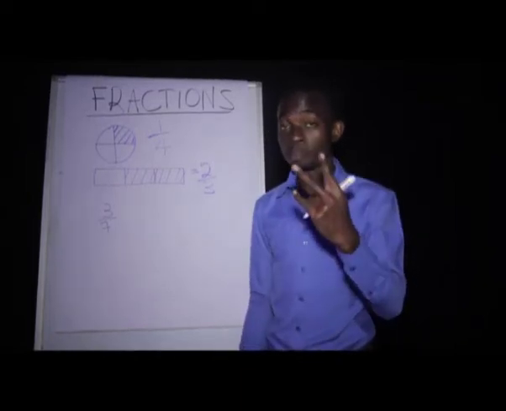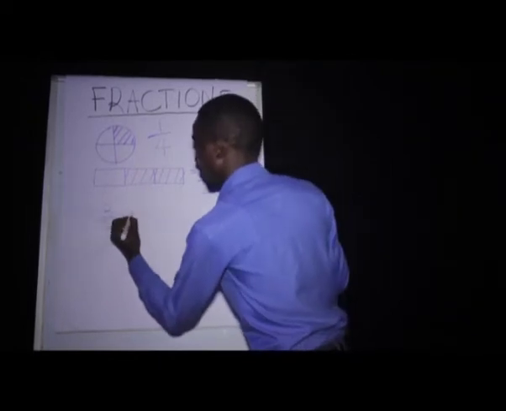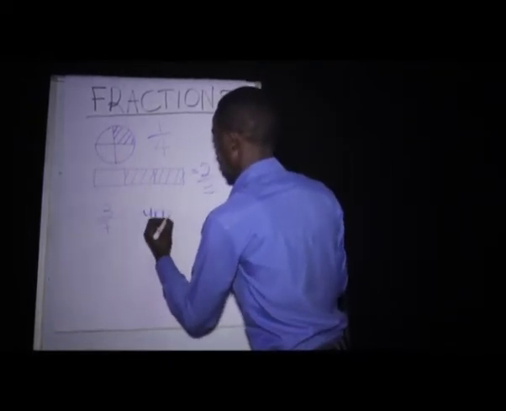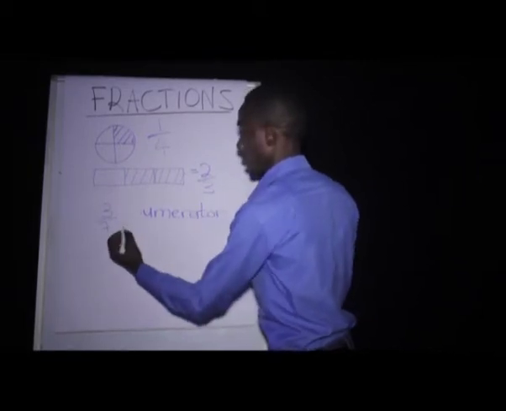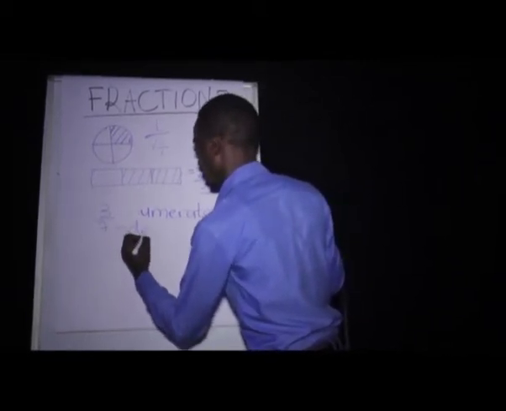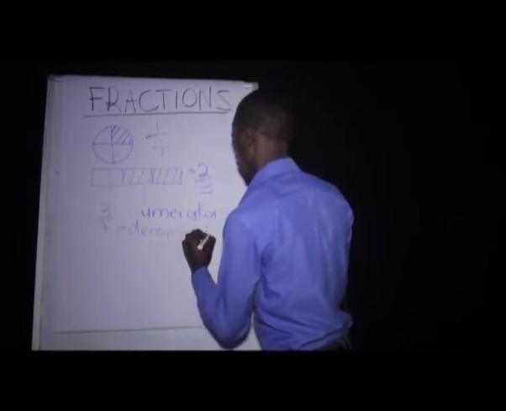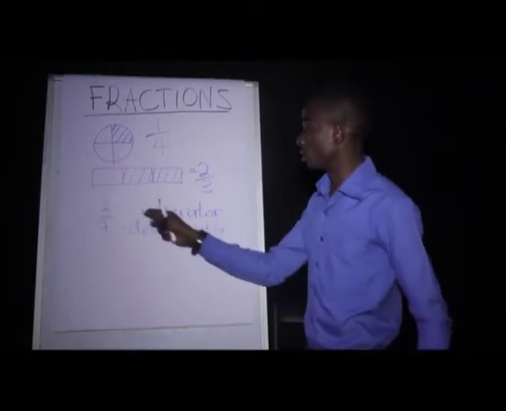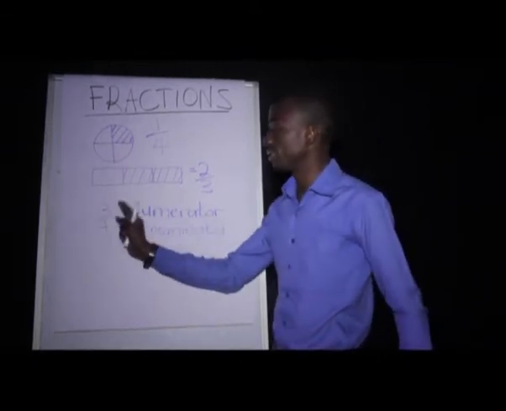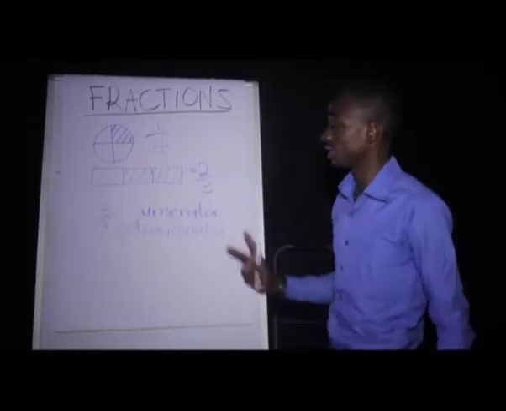Those are the 2 different parts of a fraction. The 3 in this case is the numerator, then the 7 which is down is what we call the denominator.